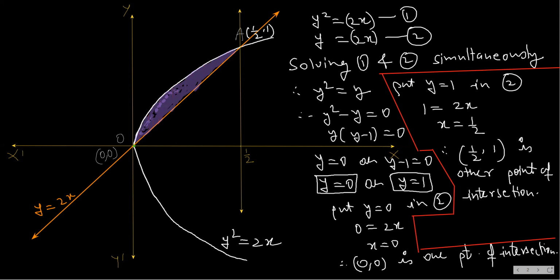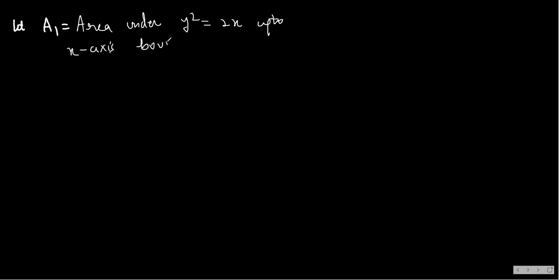Let's begin. So the next step here is, I'll write here, let A1 equal to area under y square equals to 2x, up to x-axis, bounded by x equals to 0 and x equals to half.